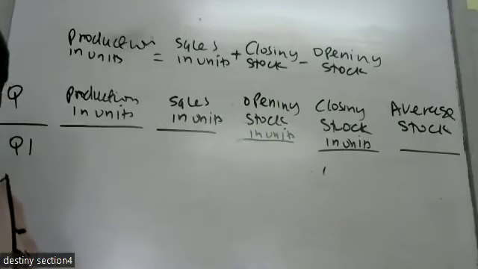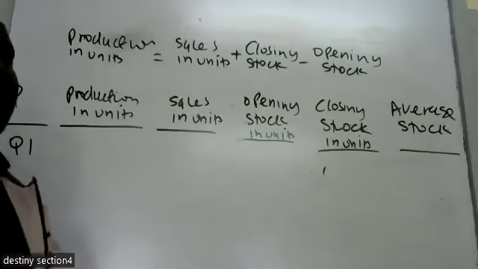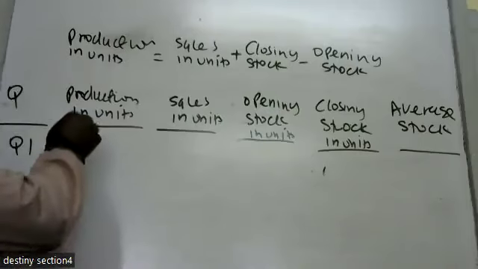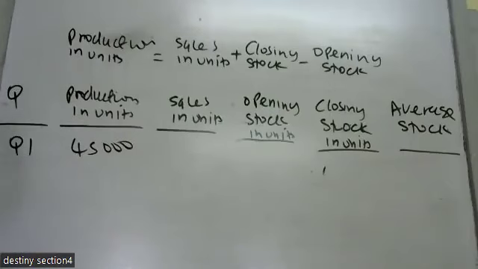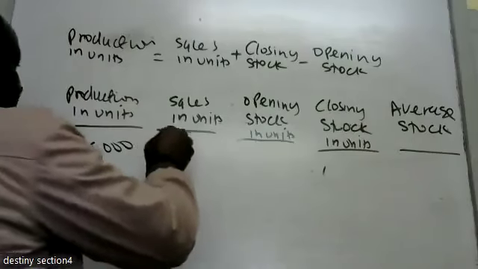Product zinc is produced at a constant rate. So production is constant, 45 each quarter. Then I want you to check now under the sales. Quarter one, are you able to see the sales demand? They gave us 30.